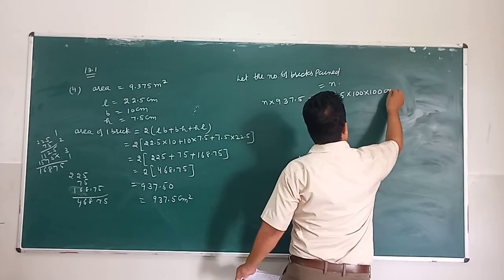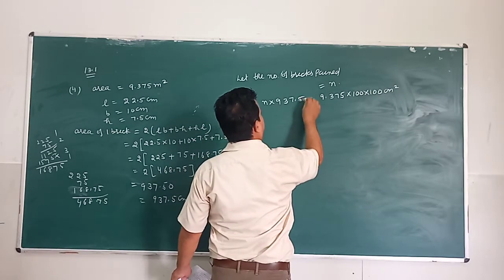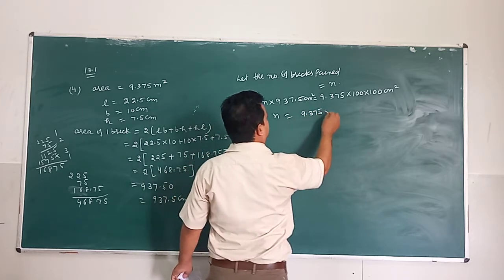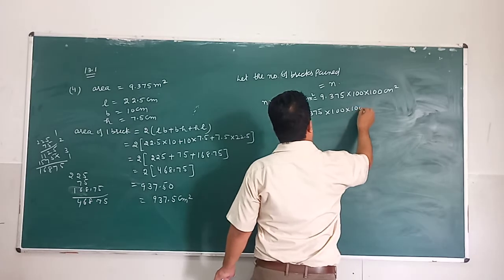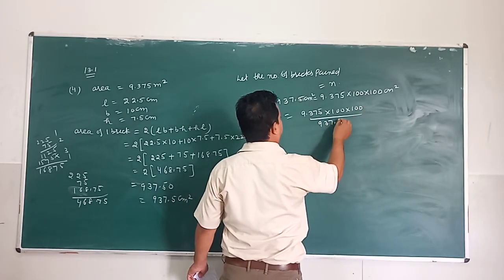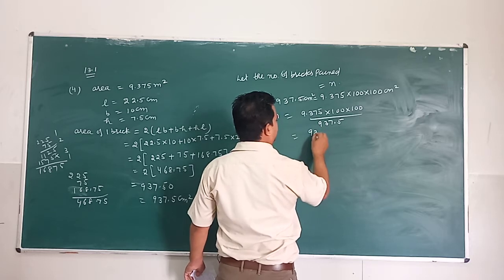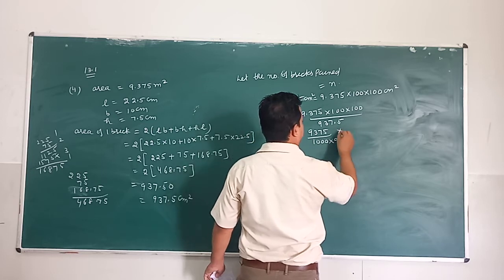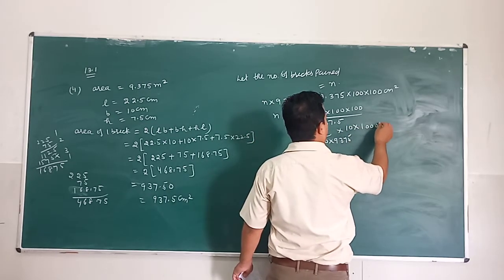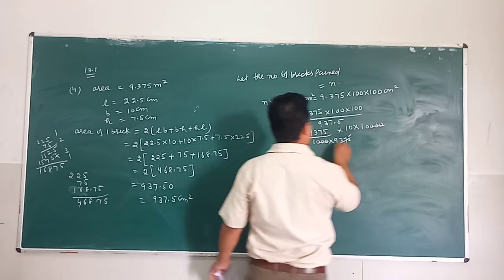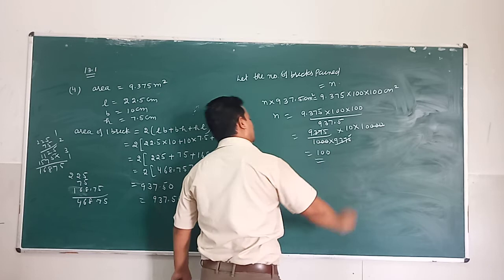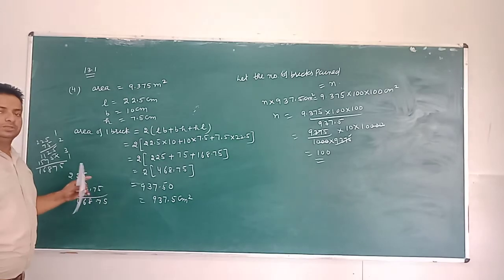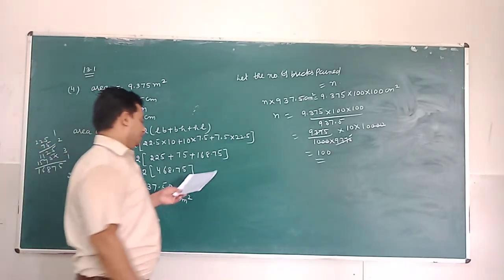So n is 9.375 into 10,000 divided by 937.5. Removing the decimal points, there is 93750 over 9375, and the zeros cancel. This is equal to 100. So the number of bricks to be painted with this container is 100.